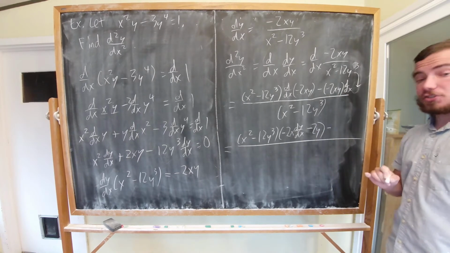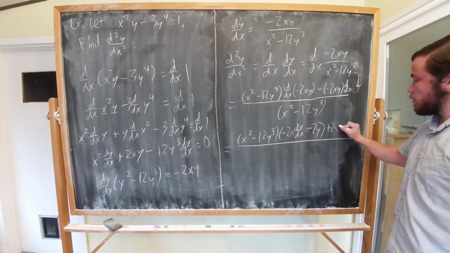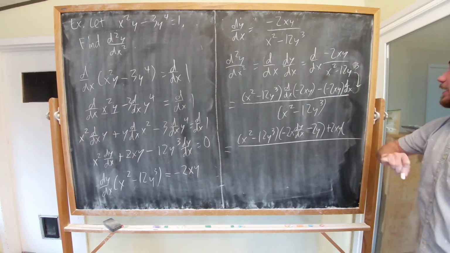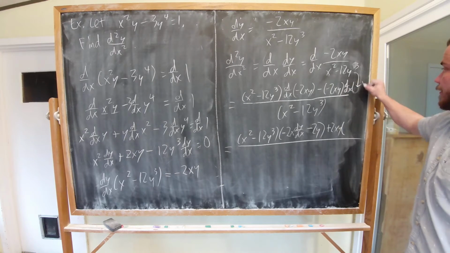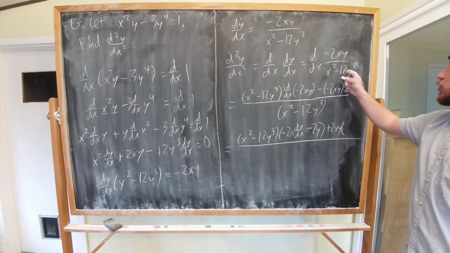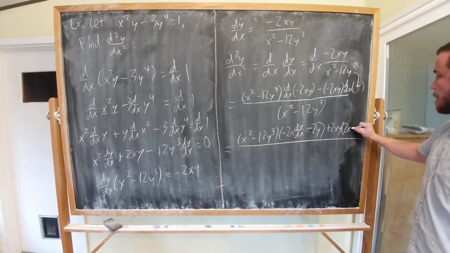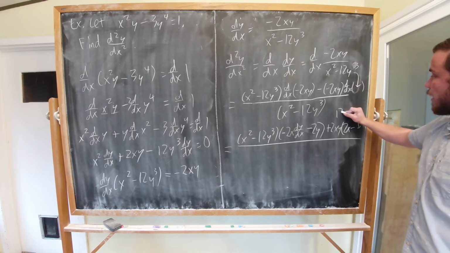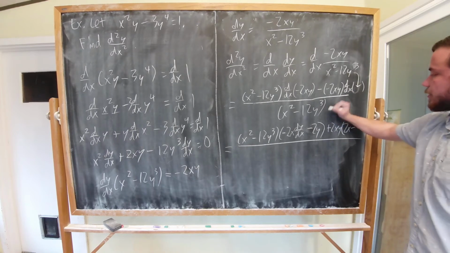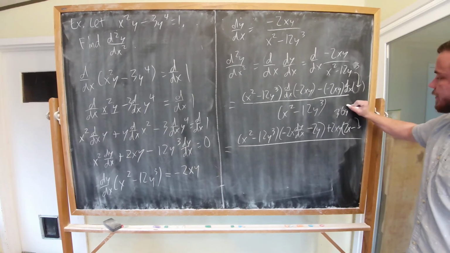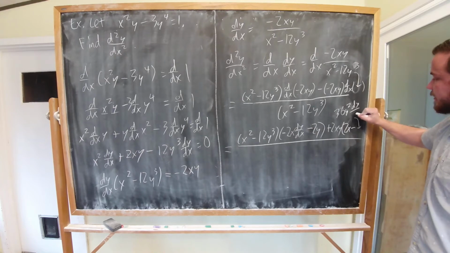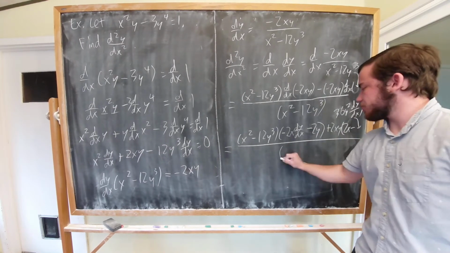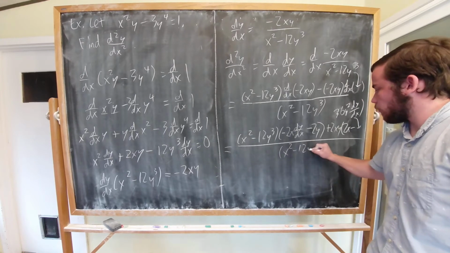Minus 2xy is plus 2xy times the derivative of this thing here, which will give us 2x minus 12 times 3 is 36y squared dy/dx. All still divided by x squared minus 12y cubed.